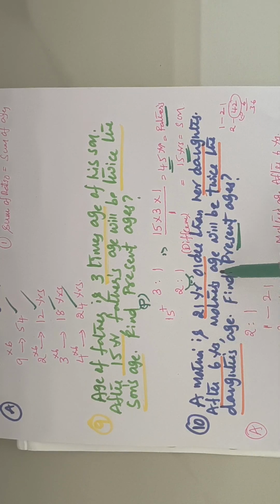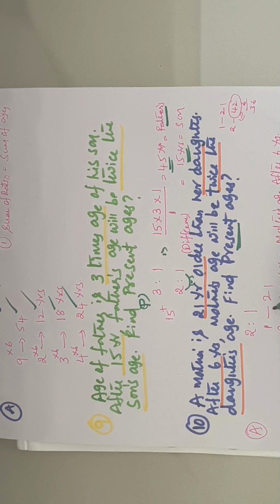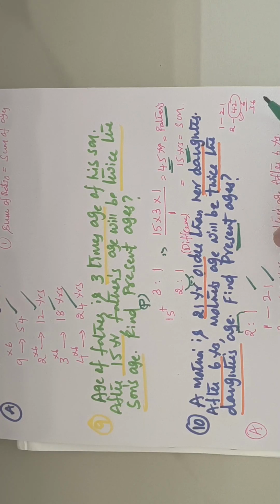Okay. After 6 years, ratio is 2 is to 1. Since the ratio is 2 is to 1 after 6 years, so we have to take one part is equals to 21, two parts is equals to 42. This 42 was after 6 years.